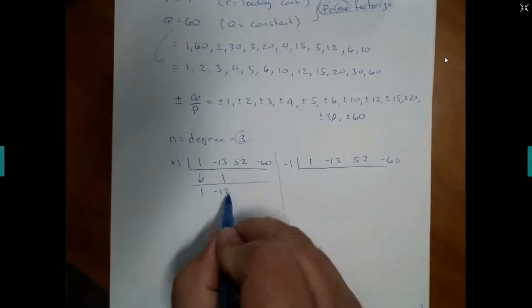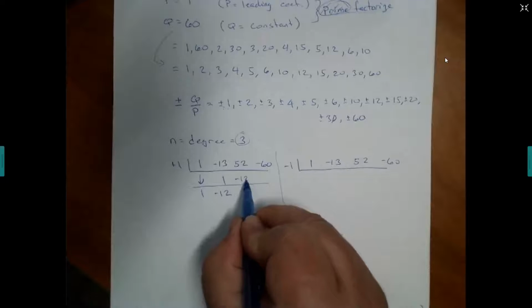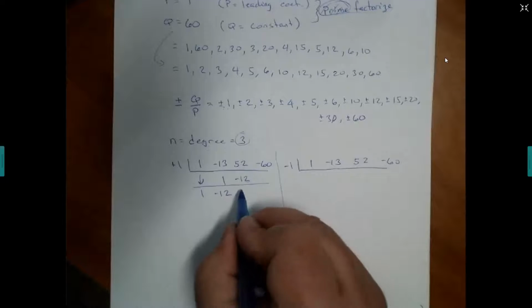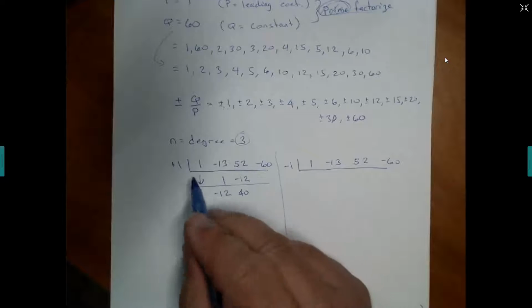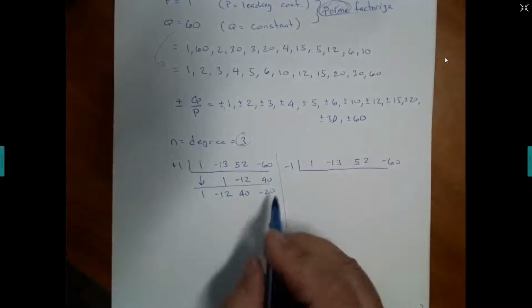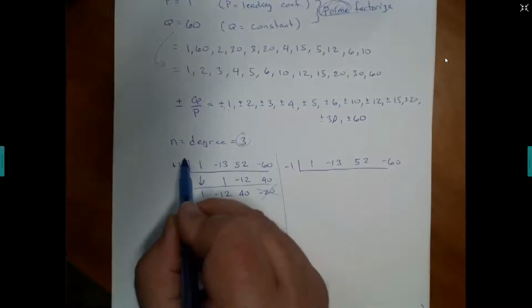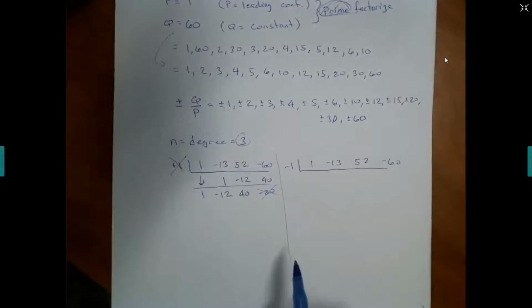Add those, get negative 12. 1 times negative 12. Add those, you get 40. 1 times 40 is 40, you get negative 20. Since the remainder is not 0, we know that plus 1 doesn't work.